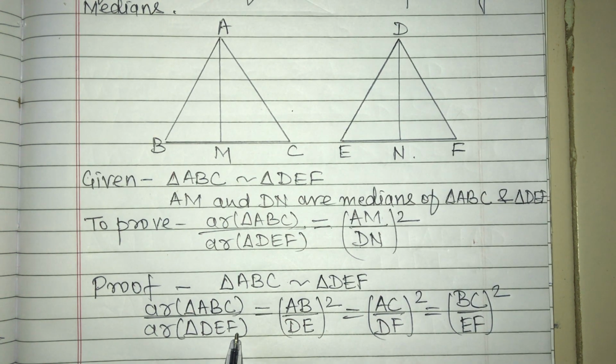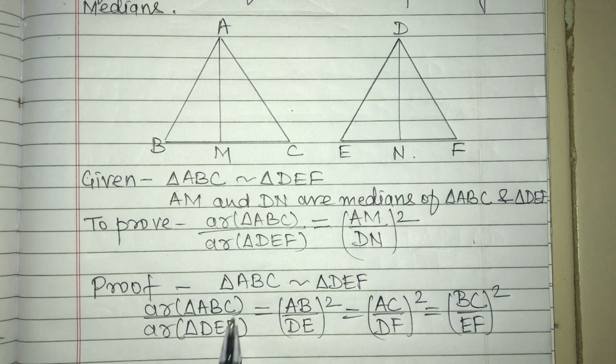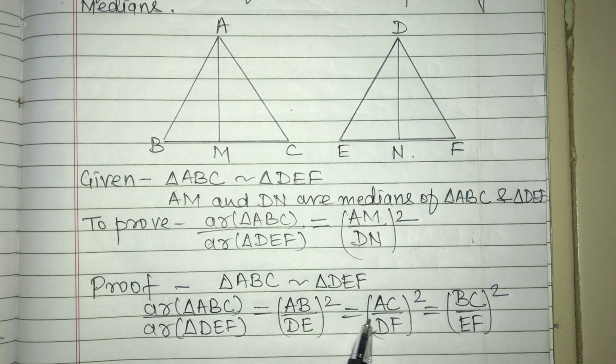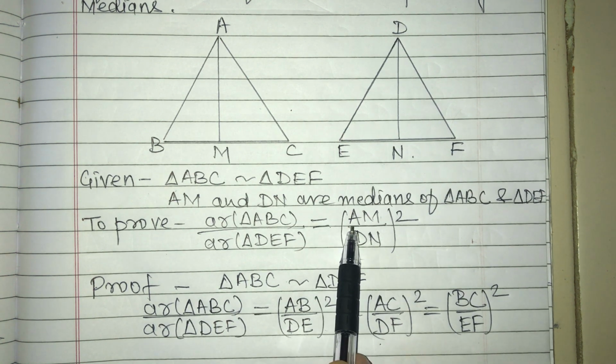This is the relation between the areas of similar triangles and their corresponding sides. Using this condition, we are going to derive the result.